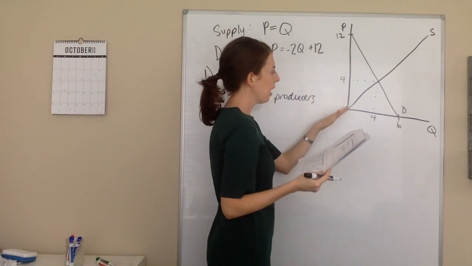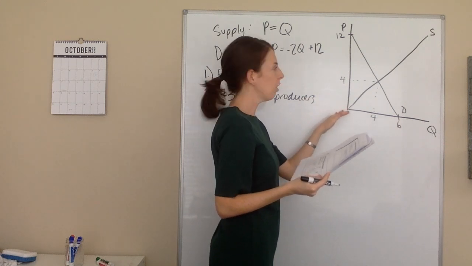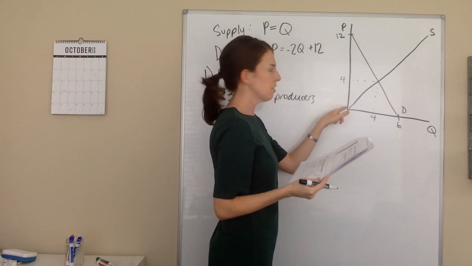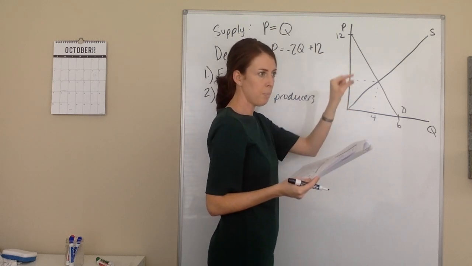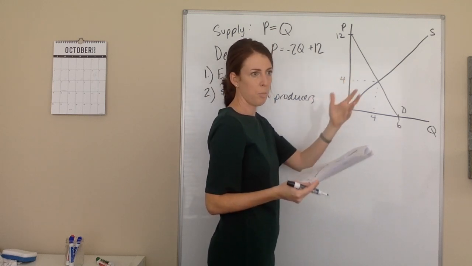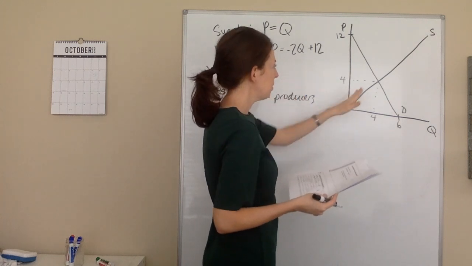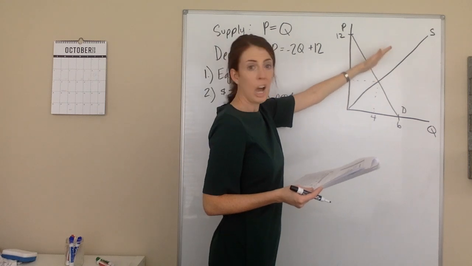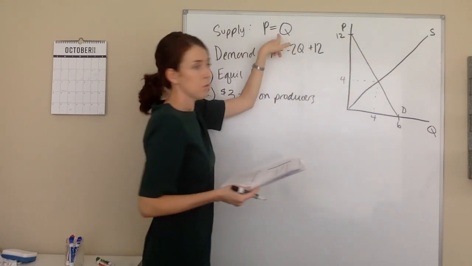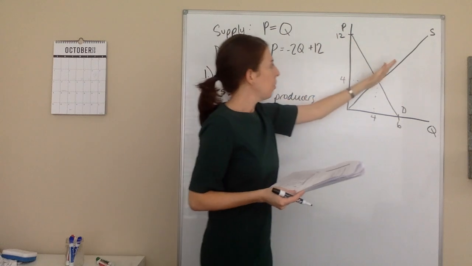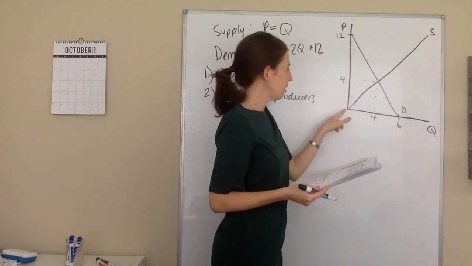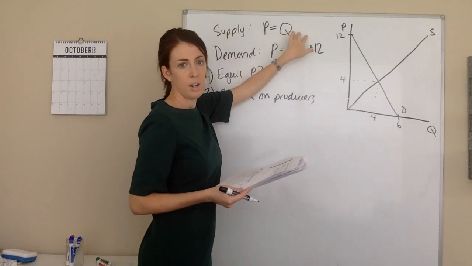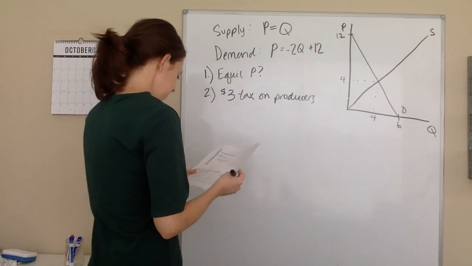If suppliers or producers are taxed at $3 per unit, they're just going to take this sticker price and up it by $3 and see how the market shakes out. If you take this curve and vertically move it up 3 units, you're not changing the slope, so that stays the same. But if you're moving it up by 3 units, then the intercept does move up by 3, so the 0 out here needs to have a 3 added to it.